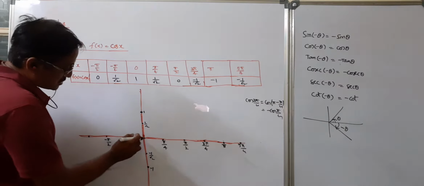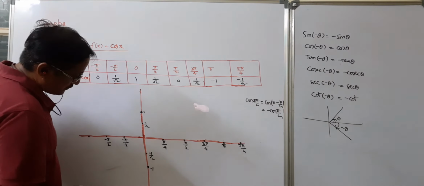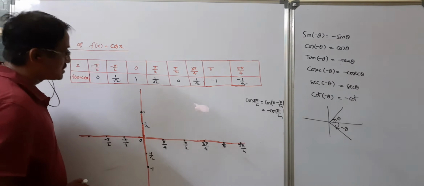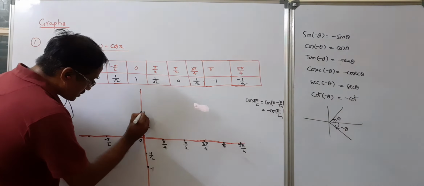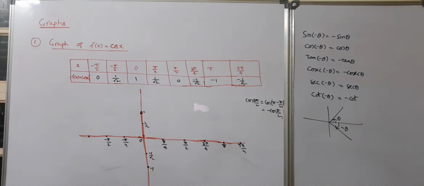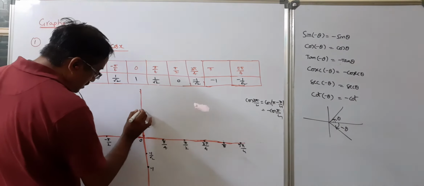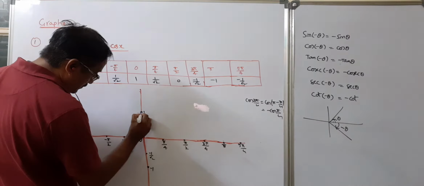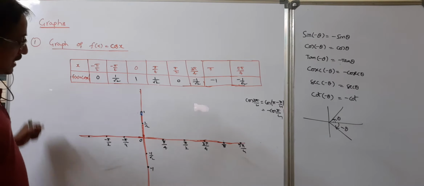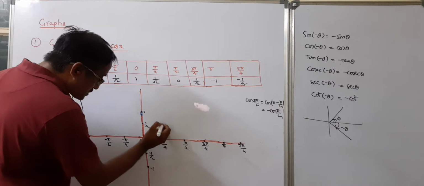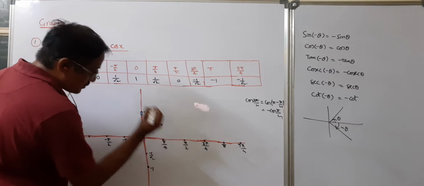Now cos 0 is 1. You have to note here cos 0 is 1. Next, cos pi by 4 is 1 by root 2.